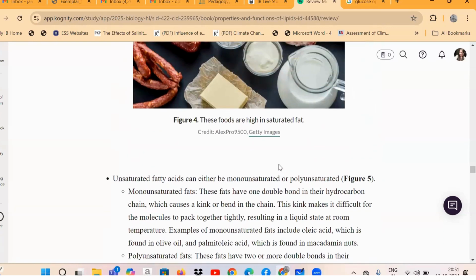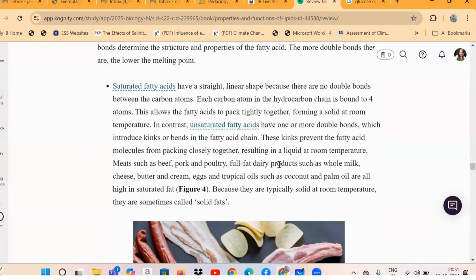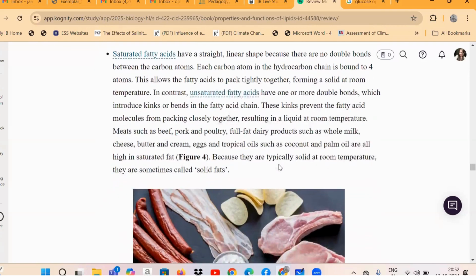Because it makes them either liquid or solid at room temperature. These kinks prevent the fatty acid molecules from packing close together, resulting in a liquid at room temperature. That's the reason for the small bend we are talking about.